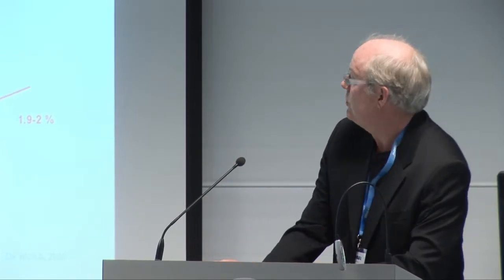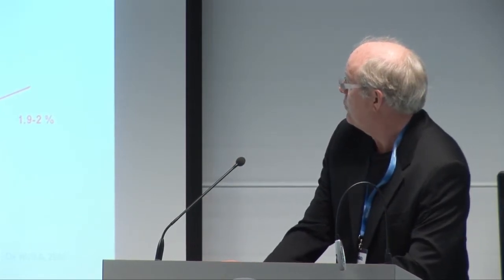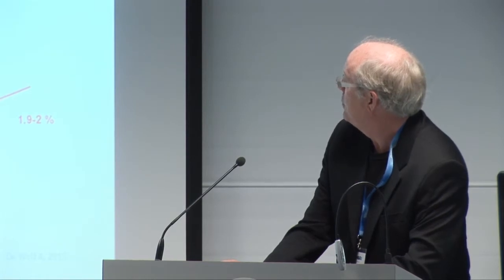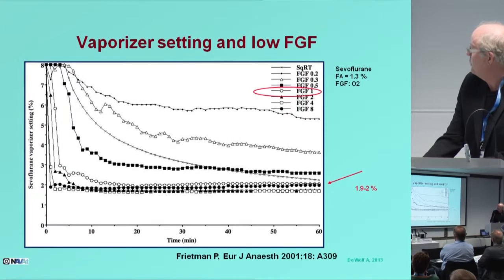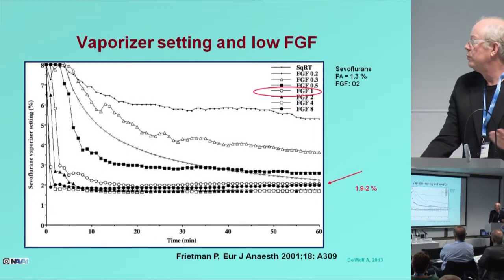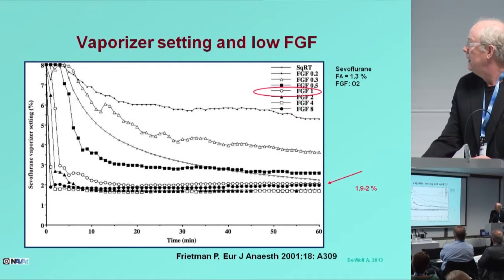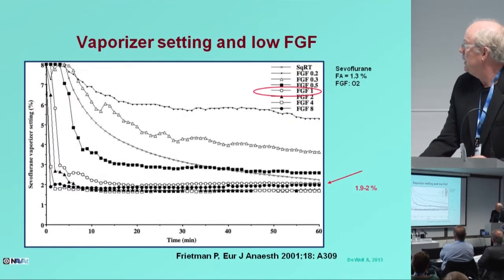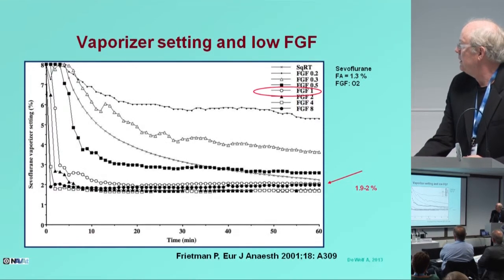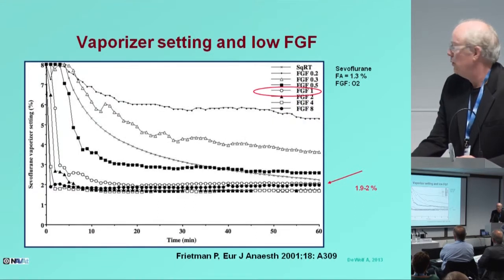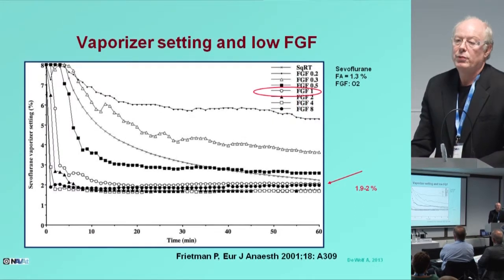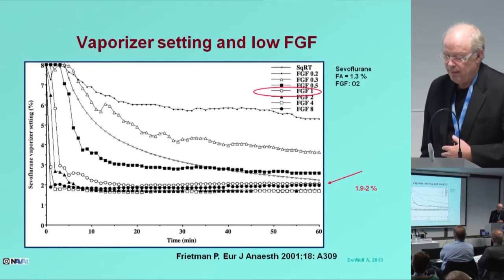It's a consequence of more rebreathing with low fresh gas flow. While with higher fresh gas flow, about 1 or 2 liters per minute, we saw that the vaporizer setting has to be about 1.9 to 2% for most of the time, a little bit higher with 1 liter per minute initially, but still about 2% to reach 1.3% end tidal.